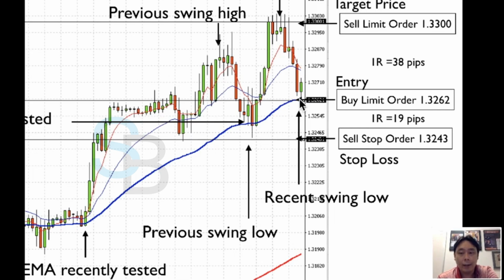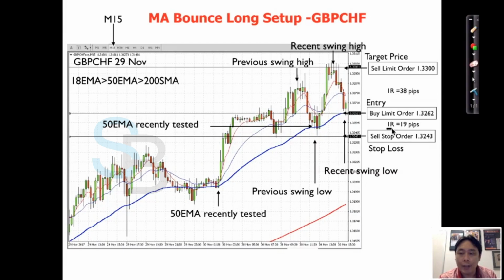So I made my stop loss slightly further at 19 pips, just below this previous swing low, and that's why it is 19 pips. So this stop loss is 3243. 3262 minus 19 is 3243. So my 1R distance in this case is 19 pips.